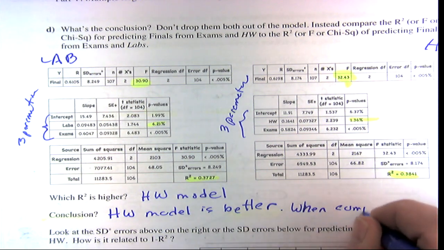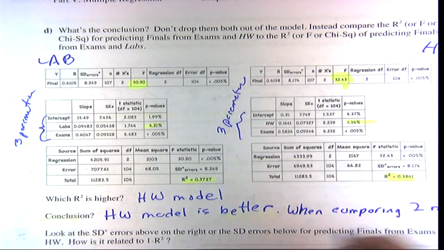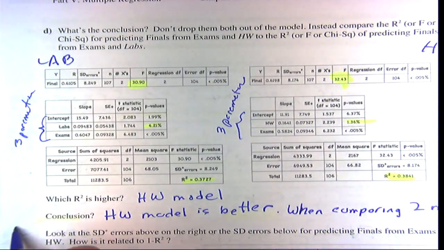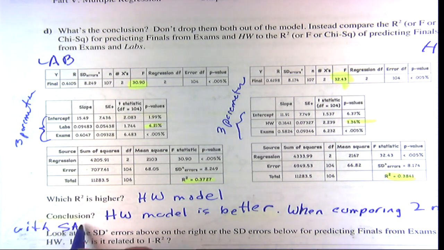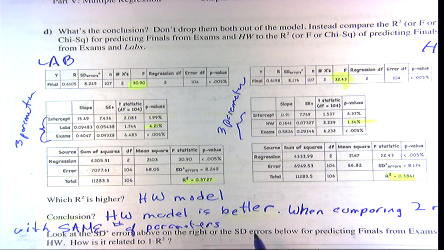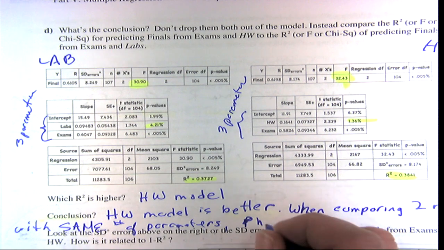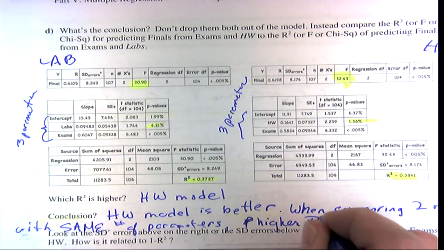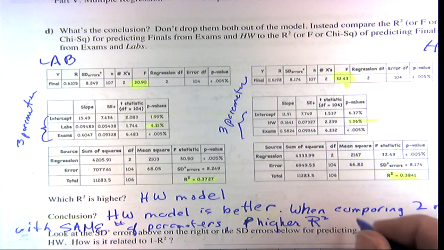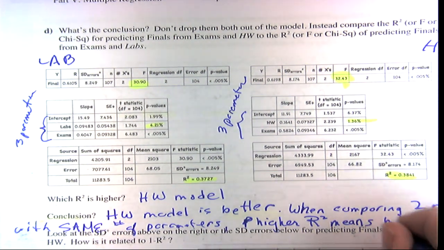When you're comparing two models and they both have the same number of parameters, then higher R squared means higher F, greater significance, lower p-value, all that. So it means a better model.